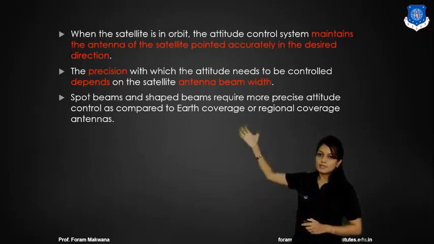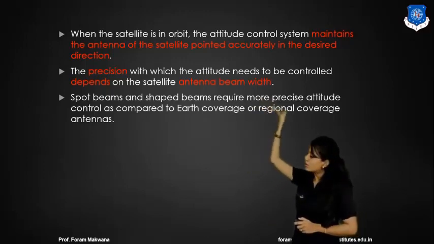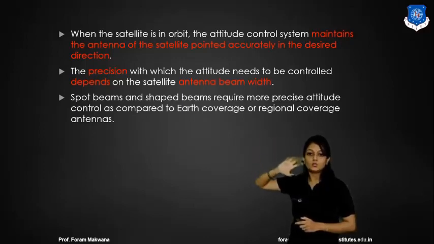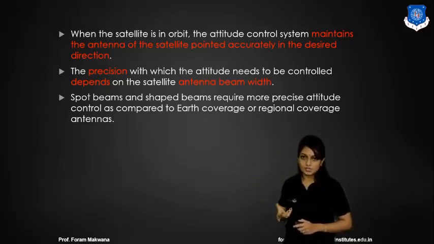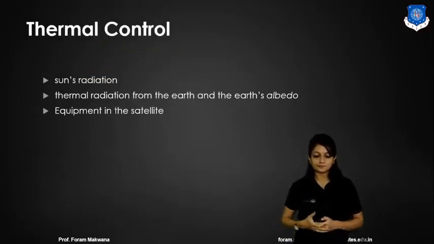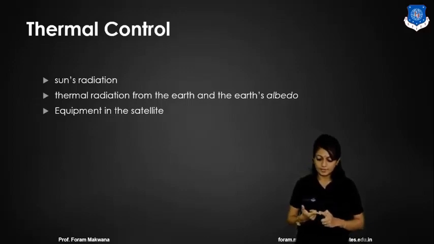The spot beams and the shaped beams require more precise attitude compared to earth coverage or regional coverage networks. Right? This is the requirement of the attitude control system. Alright? So over here we have seen the different types of attitude control system, like active and passive.